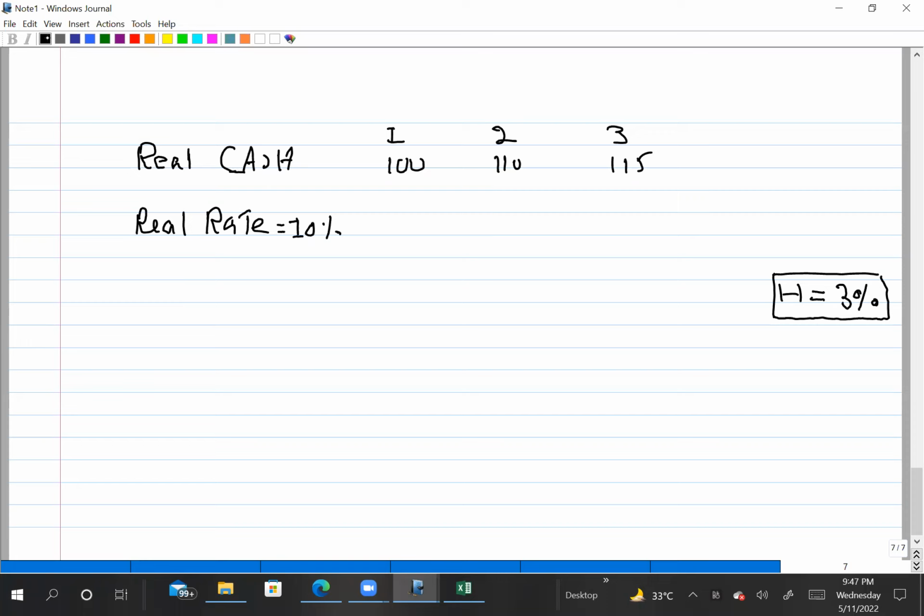It will be 0.909. For year 2, 1.1 raised to power minus 2, it will be 0.826, and raised to power minus 3, it will be 0.751.